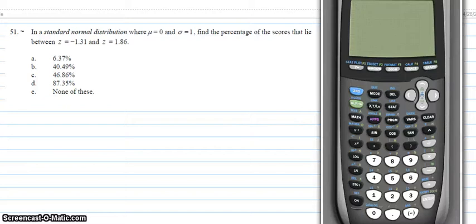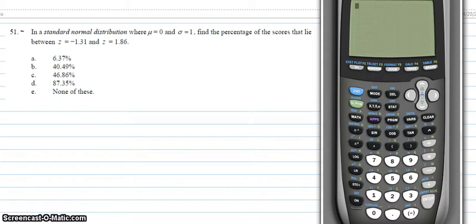In a standard normal distribution where mean equals 0 and your standard deviation equals 1, find the percentage of scores that lie between z equals negative 1.31 and z equals 1.86.